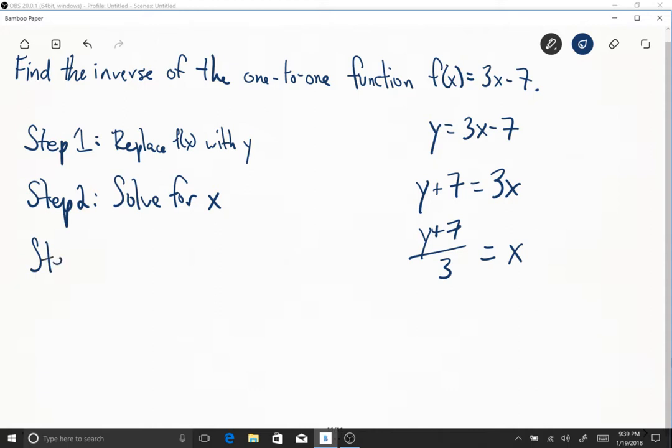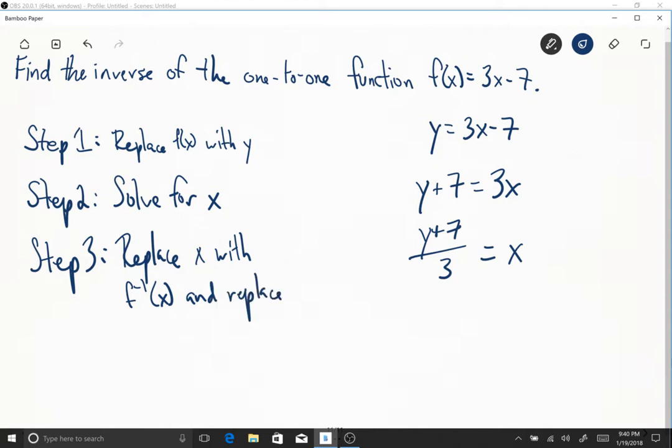In step 3, this is the easiest part, but the most forgotten about. Well, the second easiest part. Step 1 is pretty easy. So the third step, first off, you replace x with f inverse of x, and then replace y with x.